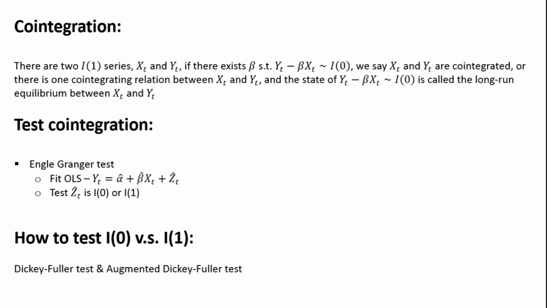How to test stationarity of the error term versus integration of order one?